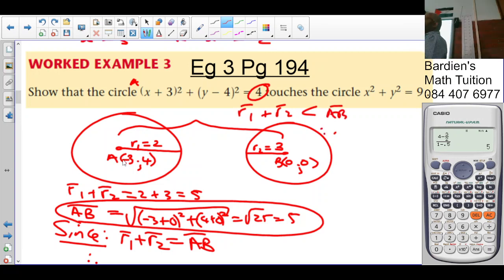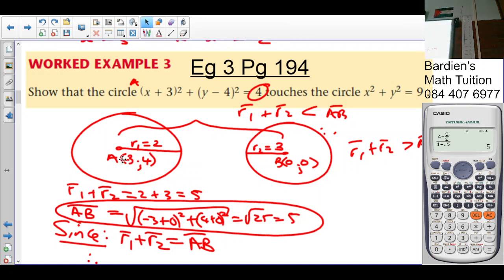Therefore, the circles don't touch each other. If AB was less than 5, what would you have said? R1 plus R2 is more than the length of AB. Therefore, the circles cut each other twice. Okay? Makes sense? It's just a matter of how you end off that argument, or the question.